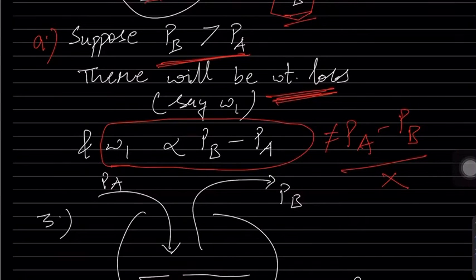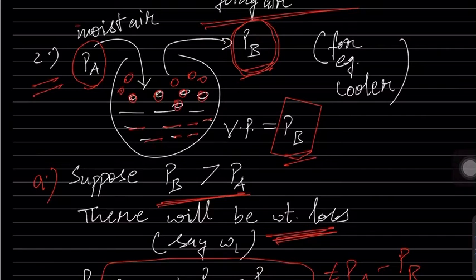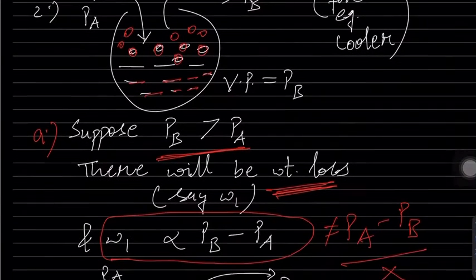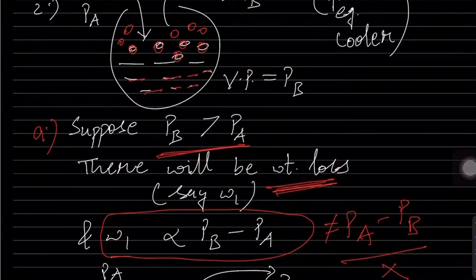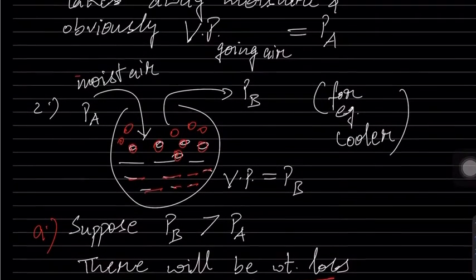Correct. So now again we are studying it, okay? It is coming with the vapor pressure of PA and it is going away with the vapor pressure of PB. Let us say possibility number one, PB greater than PA. If PB greater than PA, it means there will be a weight loss. How is the weight lost?